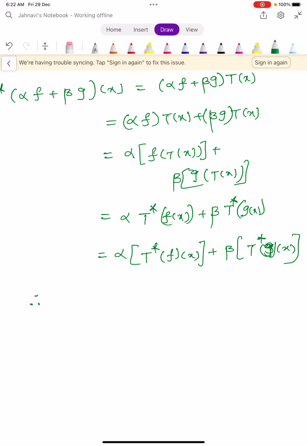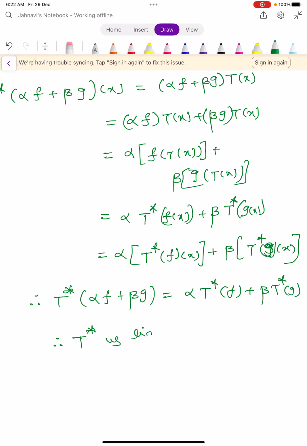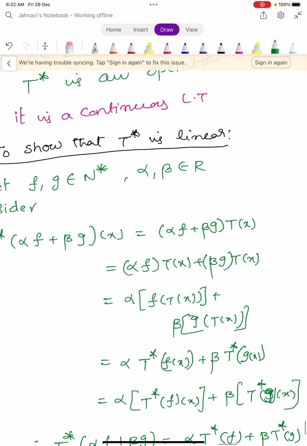Therefore we conclude that T star of alpha f plus beta g is equal to alpha T star of f plus beta T star of g. This condition shows us T star is linear, defined on N star. So this is the first condition.